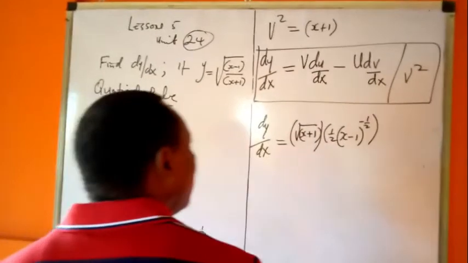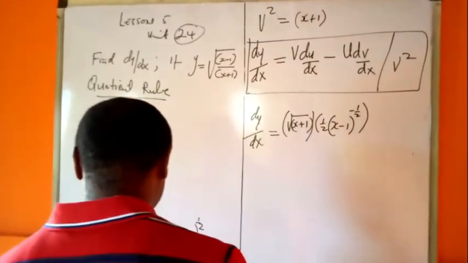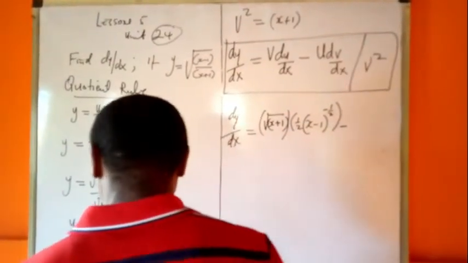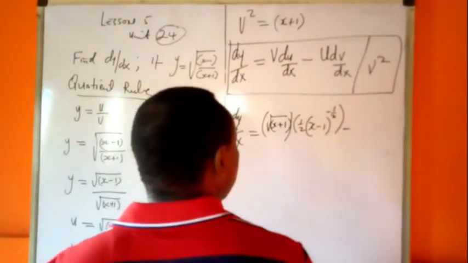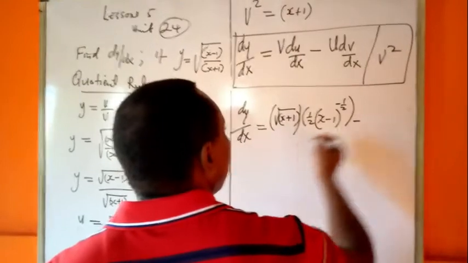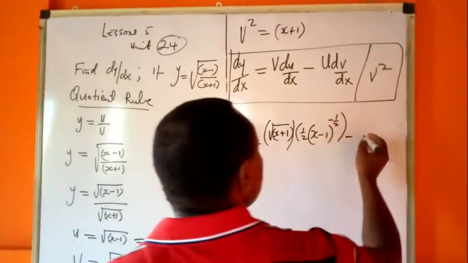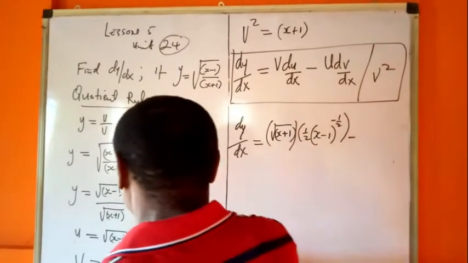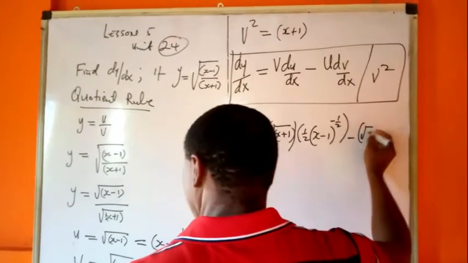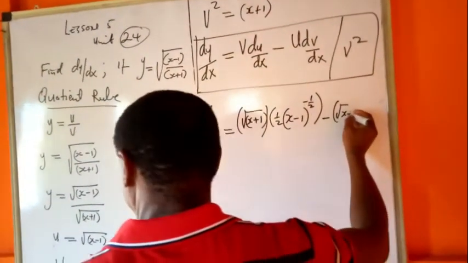That is our du dx, minus our u, which will give us root x minus 1.